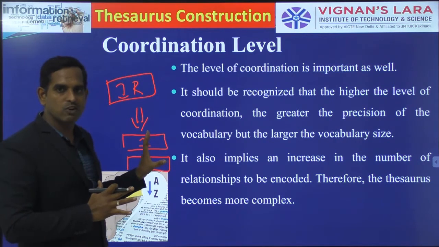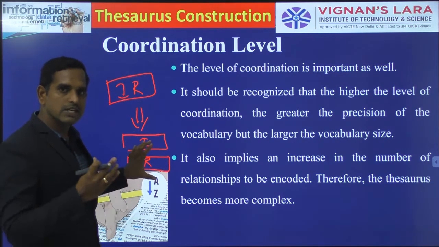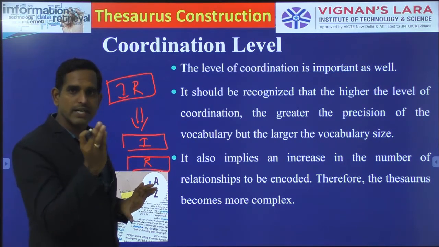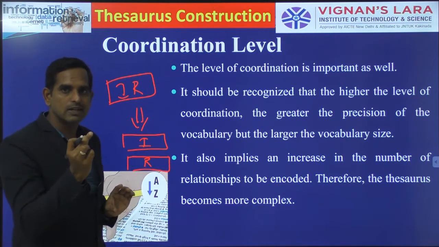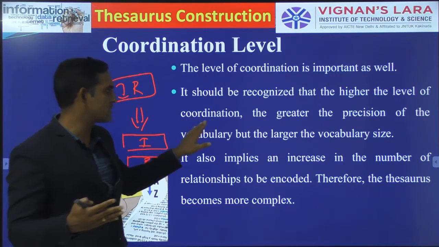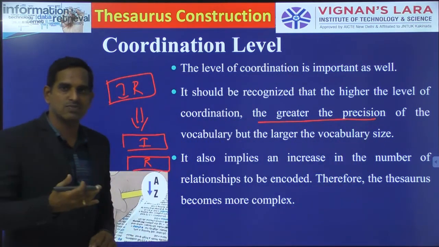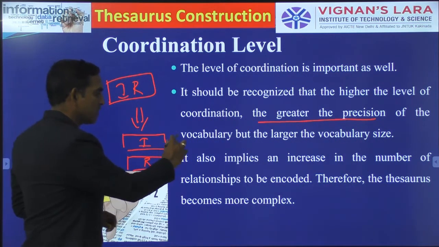Okay, at this time what you are seeing is, if you are having a high level of coordination, that is, each and every word is treated as a separate term, then the greater the precision. That is, when I search for a particular term, we will get the result properly.